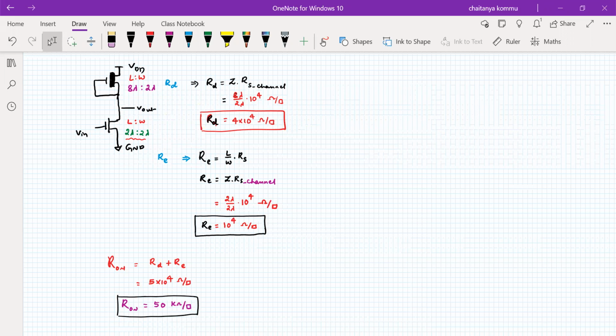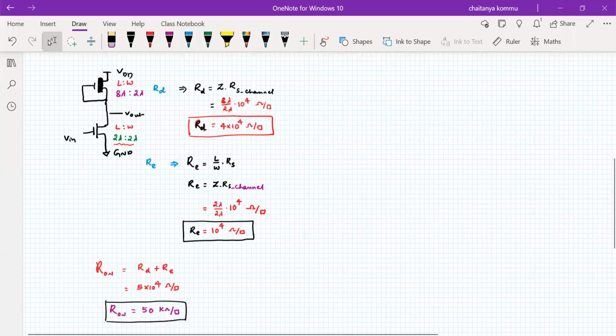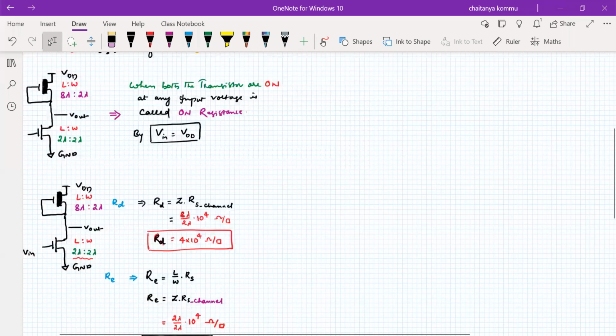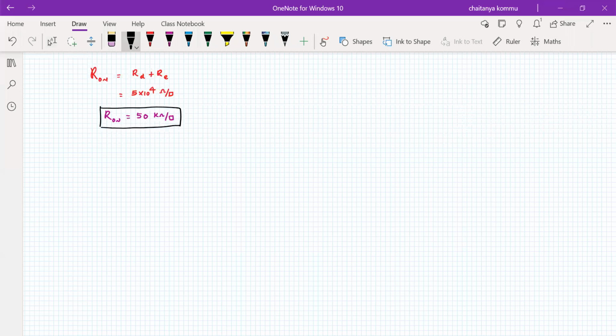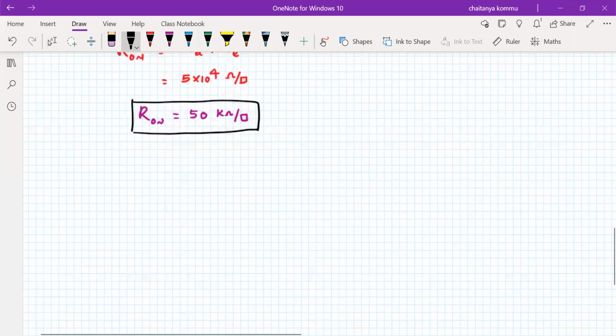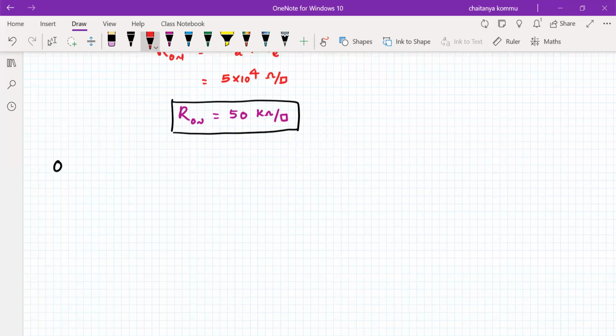Let us consider the on resistance of a two input NMOS NOR gate.